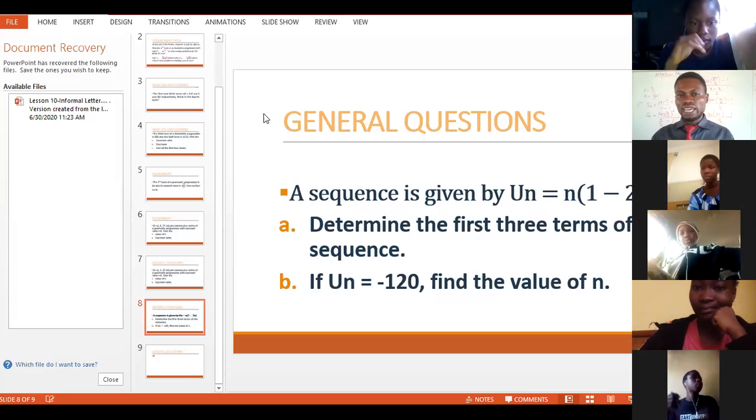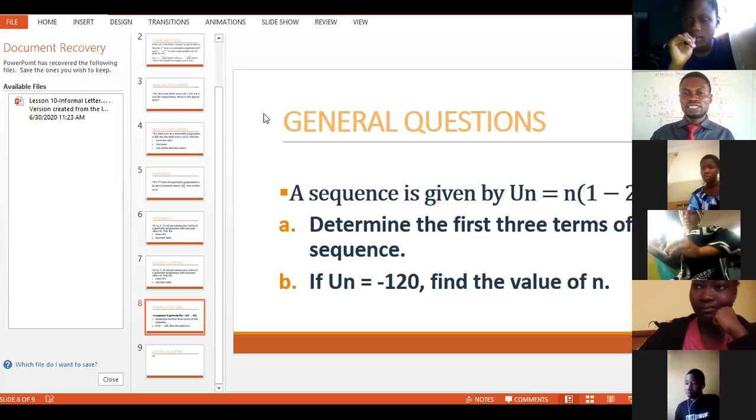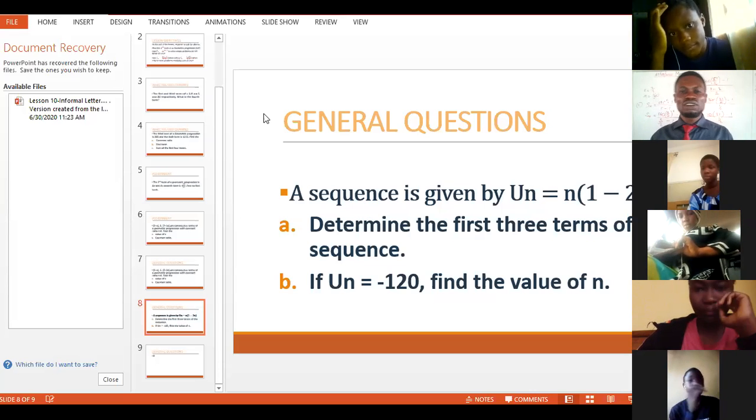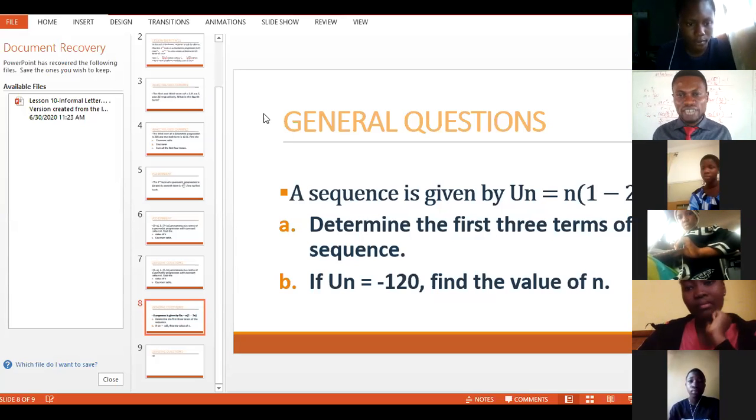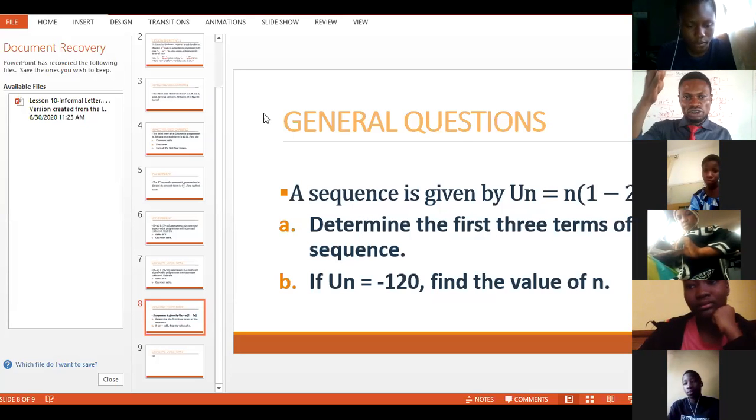Don't bother yourself using Tn is equal to a plus n minus 1 times d. They have given you a formula, work with it. So it's like giving you a formula in a question. They have already solved the question for you halfway. So the formula is there on your question paper, so just use it to get the value.